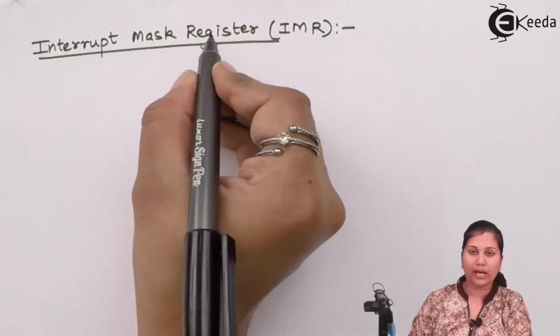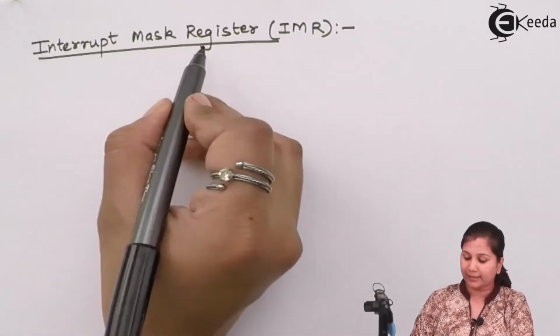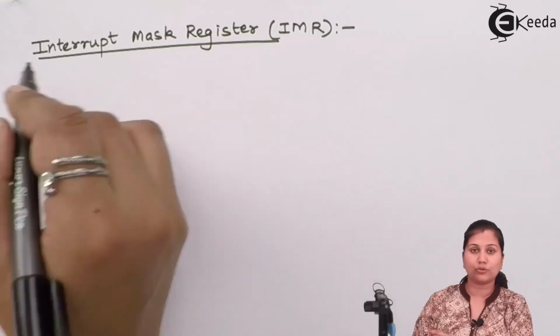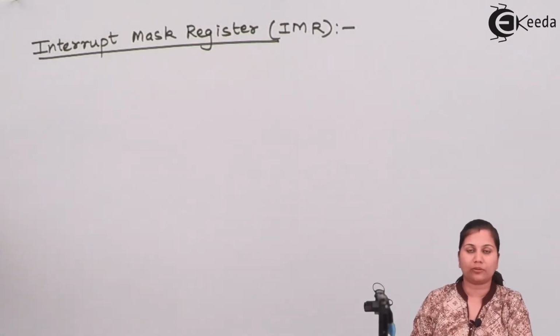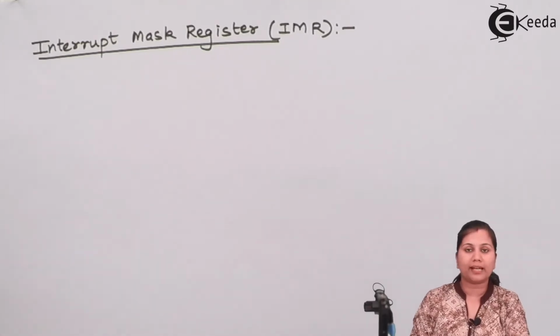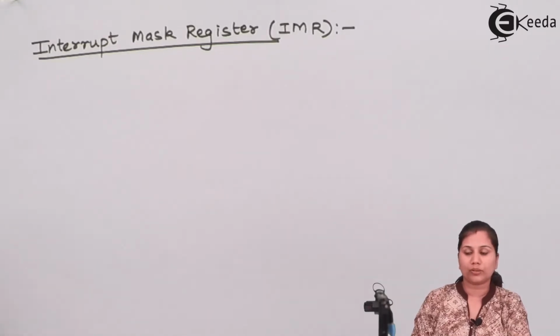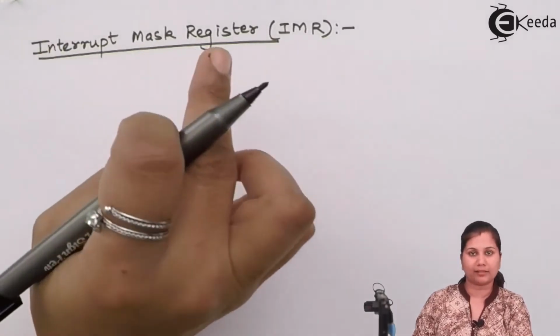This register is known as the IMR, and as the name says, this is used to store the information about the masked interrupts. Whichever interrupts are masked by the microprocessor, the information about those will be stored in the interrupt mask register.